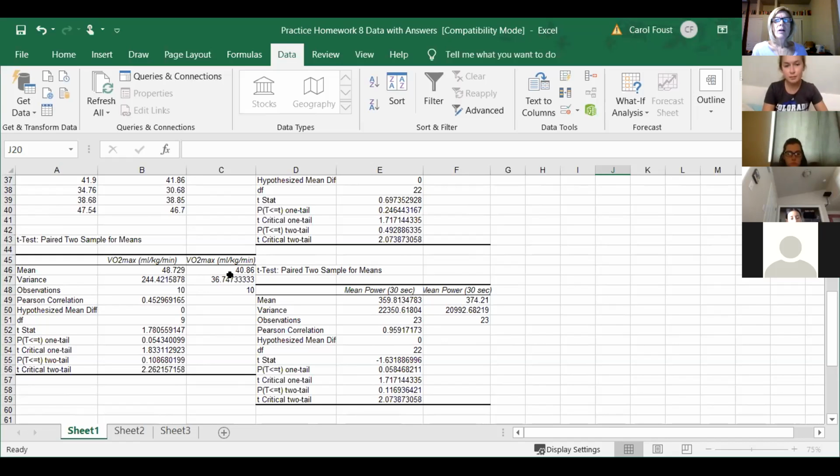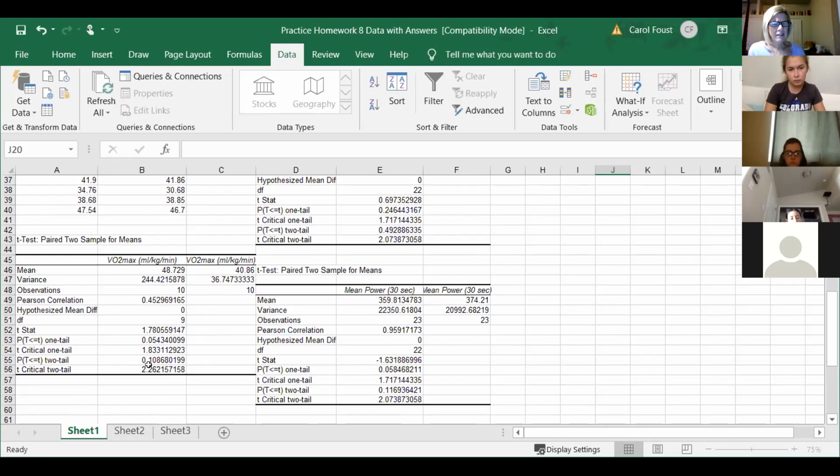Same thing. I'm hypothesizing there's no difference, so I'm going to look at a two-tailed test. I want to see if there's a difference on either side. So I'd hop down to my two-tailed test. I look at my t-stat. My calculated t is 1.78. It is smaller than my t-critical. Then I double check against my probability.